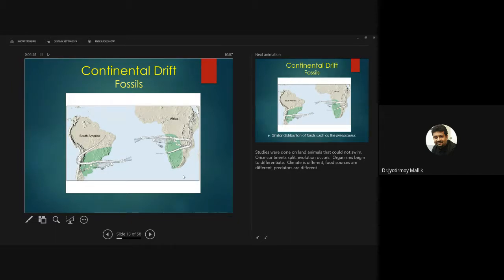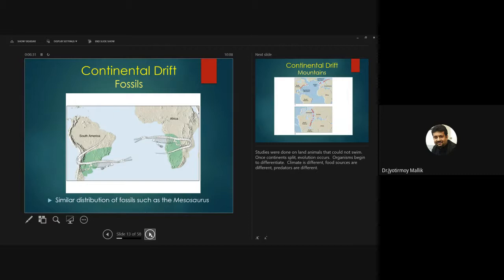The rationale could be either the living organism actually thrived in both the continents, or they would have swum across, or the other possibility would be that these two continents were together, and being in the same paleogeographic area, we had similar biota living at a particular geological time, right? So that was one type of hint.